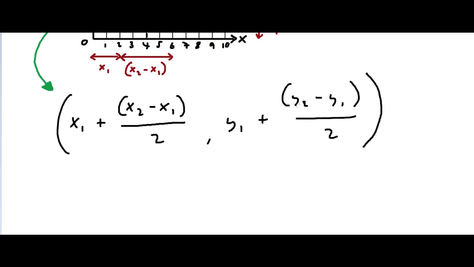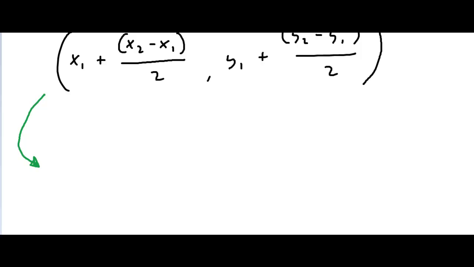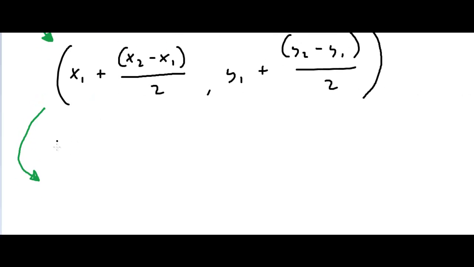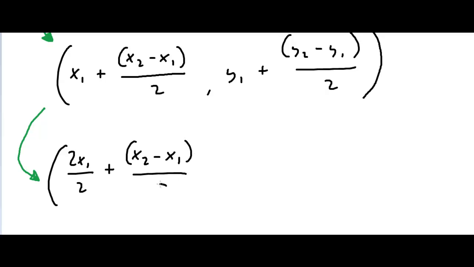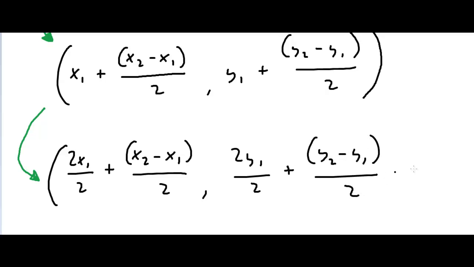Now let's simplify these coordinates. If we simplify these coordinates, we get 2x1 over 2 plus x2 minus x1 over 2, comma, 2y1 over 2 plus y2 minus y1 over 2.